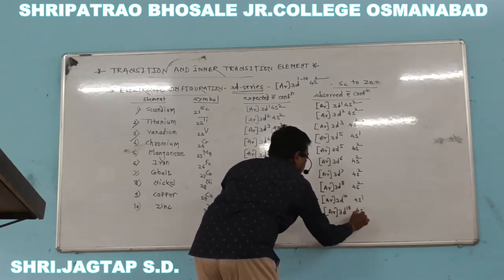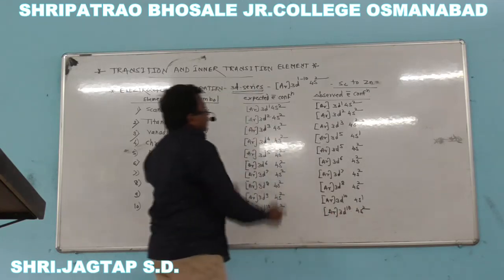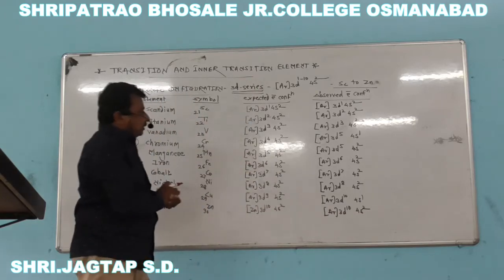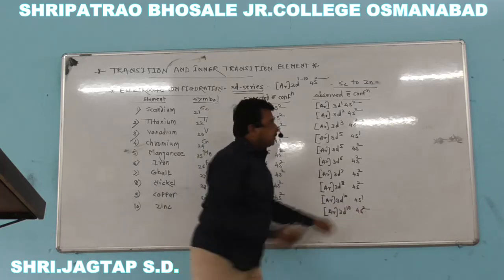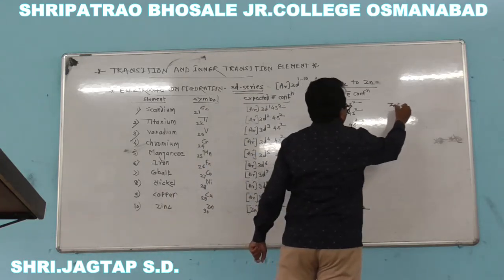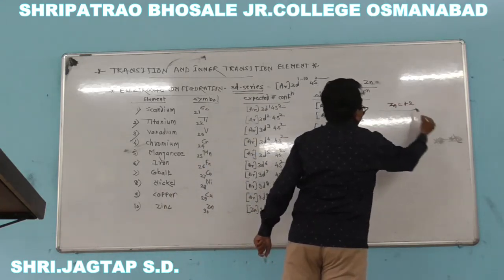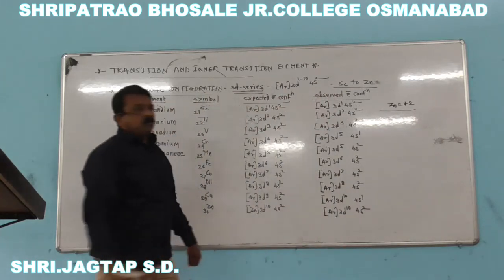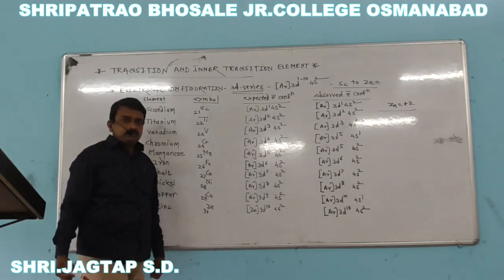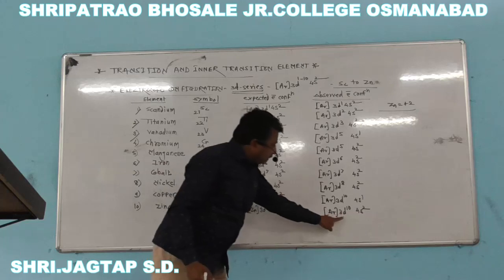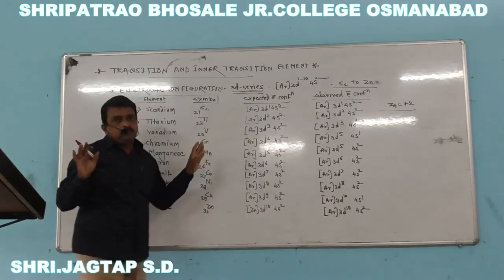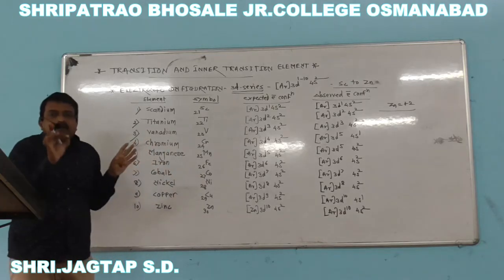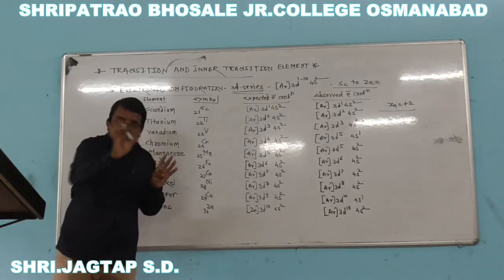In the above electronic configurations, zinc shows +2 as a stable oxidation state, having the 3d orbital completely filled, so it is not regarded as a transition element.